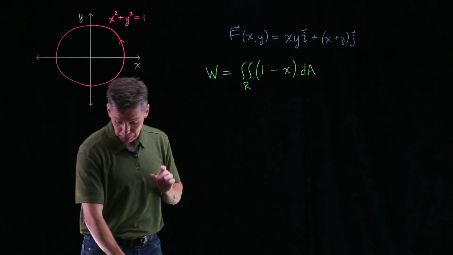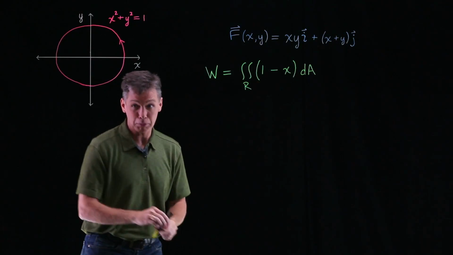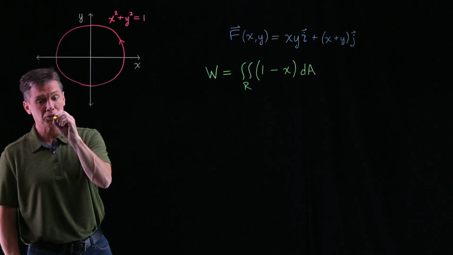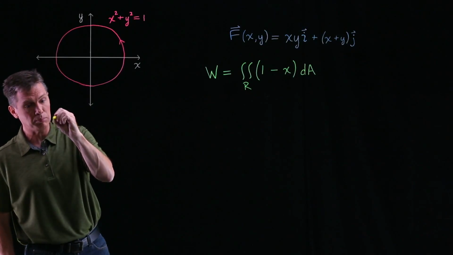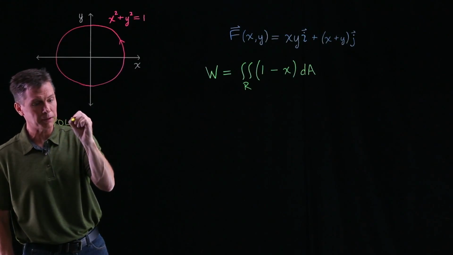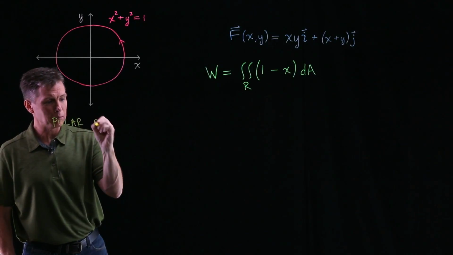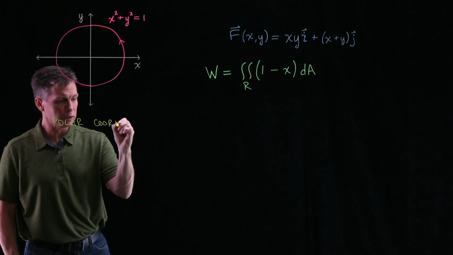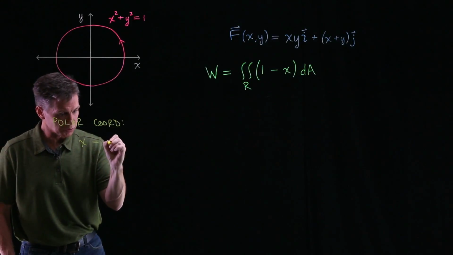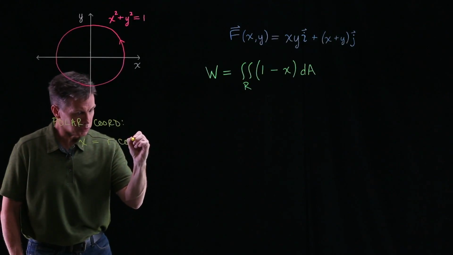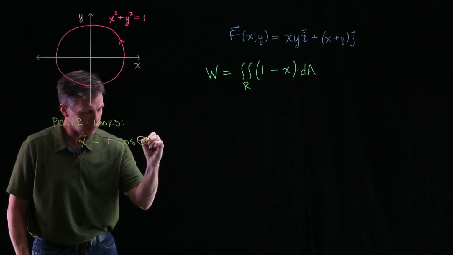An old skill maybe, but definitely a good one to have up your sleeve is let's do just a little bit of work to put this path in polar coordinates. Hopefully you remember with polar coordinates here, your x just equals r times cosine of theta.